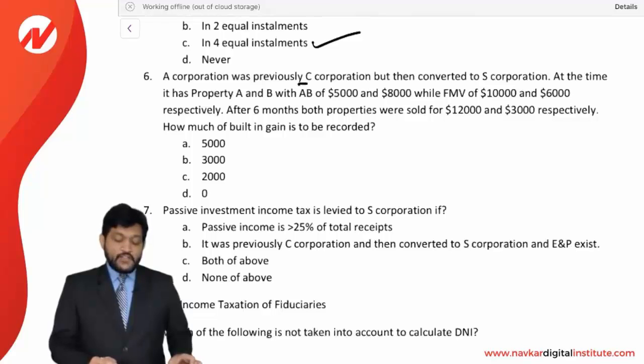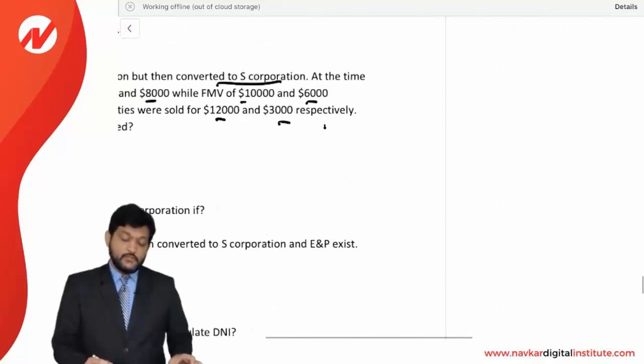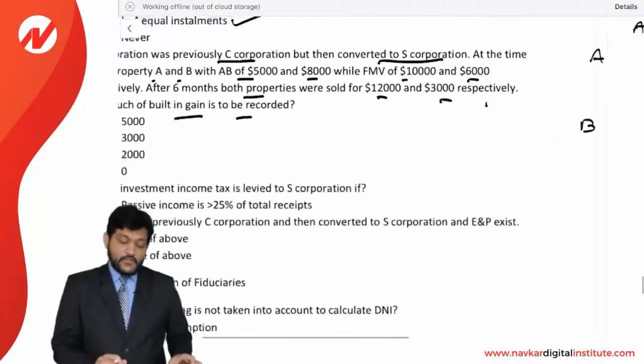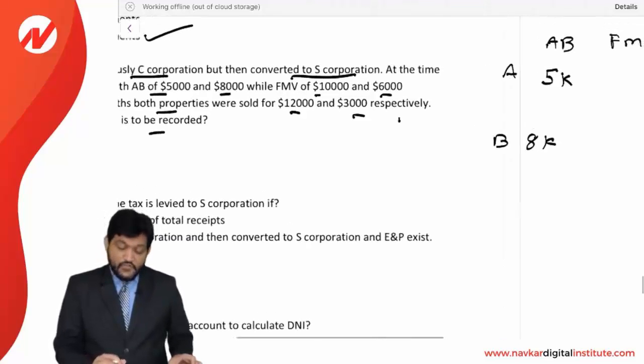A corporation was previously a C corporation but then converted to S corporation. At that time, it had properties A and B with an AB of 5,000 and 8,000, while FMV was 10,000 and 6,000. After 6 months, both these properties were sold for 12,000 and 3,000 respectively. How much of built-in gain is to be recorded? Okay, fine. Two properties are there, property A and property B. Adjusted basis was 5,000 and 8,000, and FMV was 10,000 and 6,000.